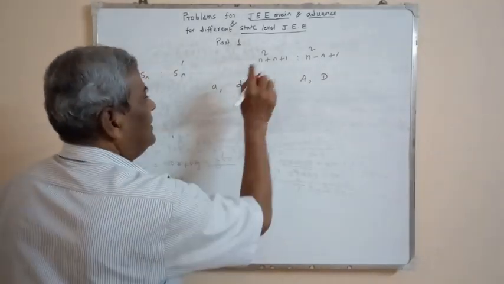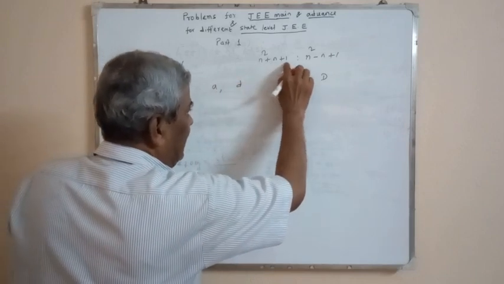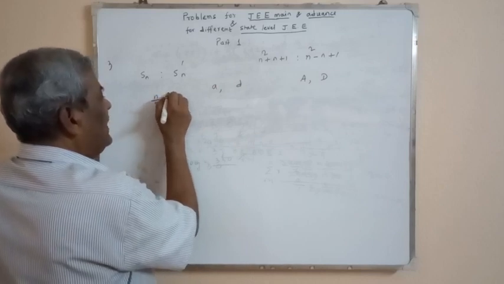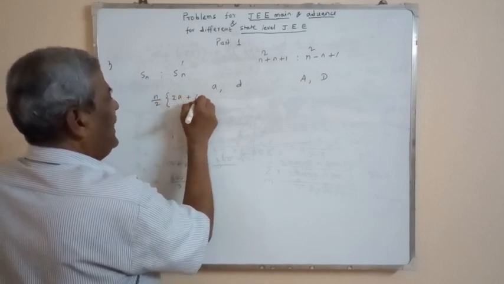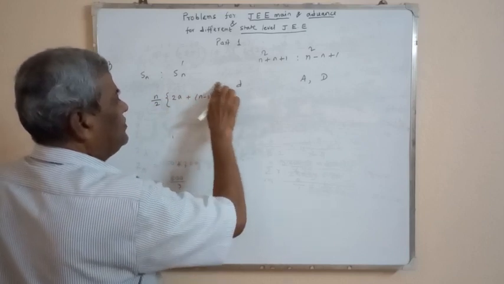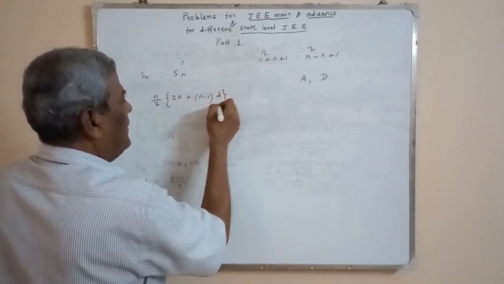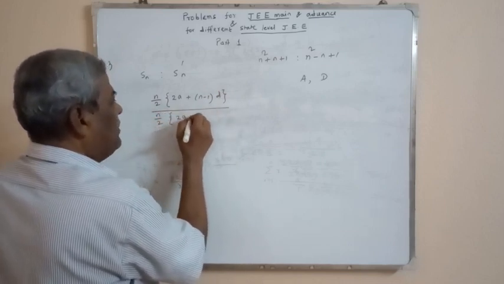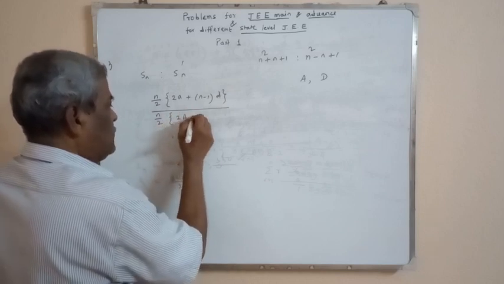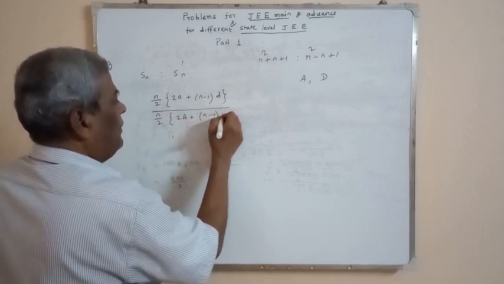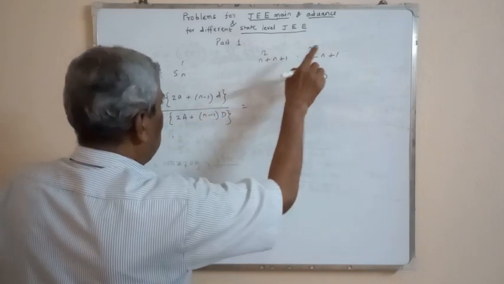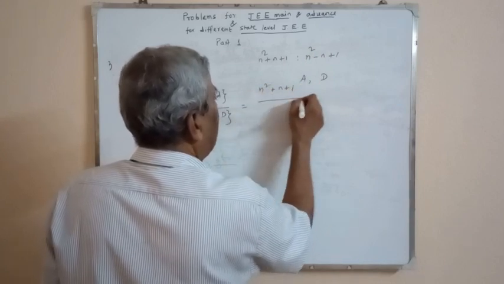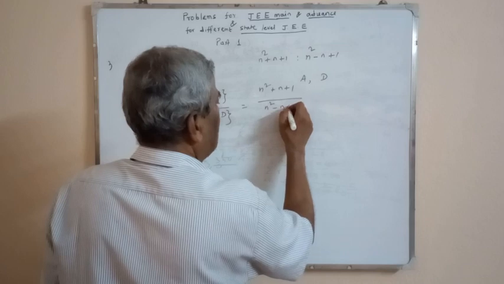As per the condition, the ratio of sums of n terms gives n by 2 into (2a plus (n minus 1) into d) by n by 2 into (2 capital A plus (n minus 1) into capital D), which is equal to (n square plus n plus 1) by (n square minus n plus 1).